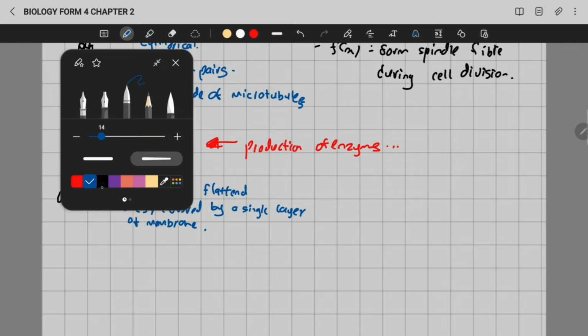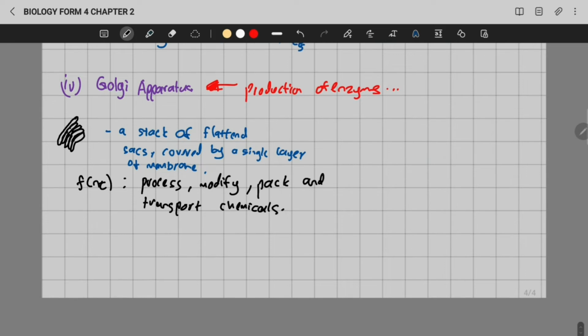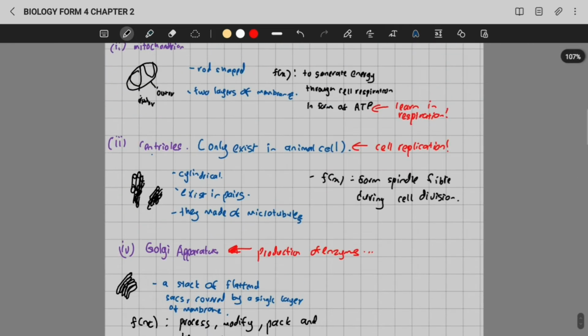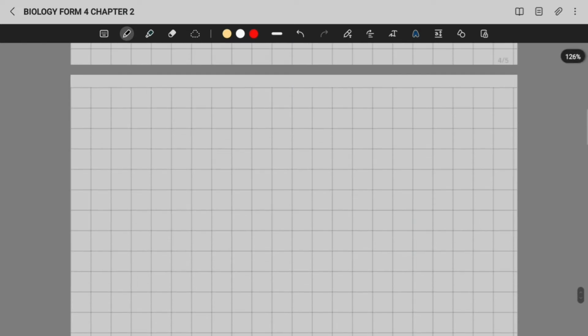I think I mentioned you will learn later. Yes, you will learn many things later. So what is the function of the Golgi apparatus? They process, modify, pack, and transport chemicals. Process, modify, pack, and transport. You should remember that. So this is just four components. We have many more to go.